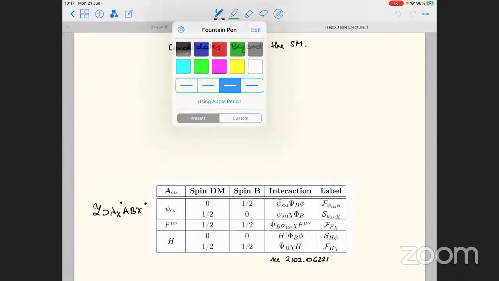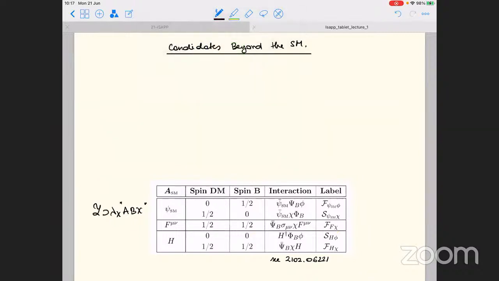I'm going to make a certain number of assumptions. Among these, first, for these lectures, if I go beyond the standard model, I will consider a dark matter candidate that is a singlet under the standard model gauge group.